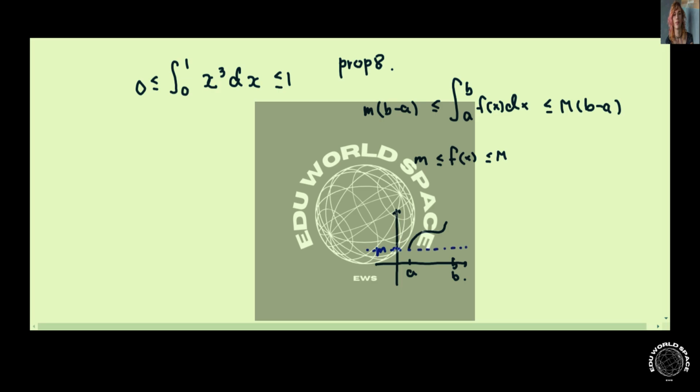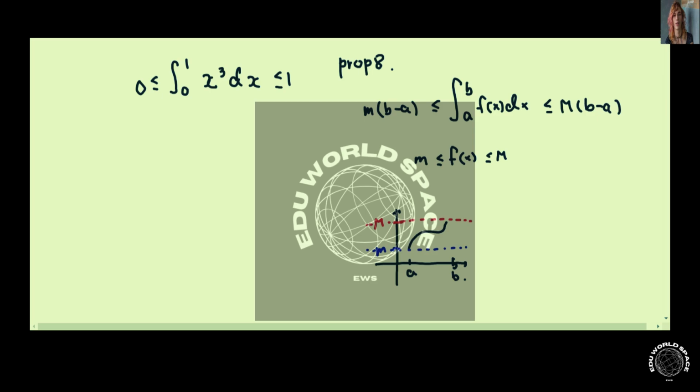And m doesn't necessarily have to be the point at f of a, as long as f of x is larger than small m, any m would satisfy. Let's say that the upper bound is large M. So right now you see that f of x is between small m and large M.